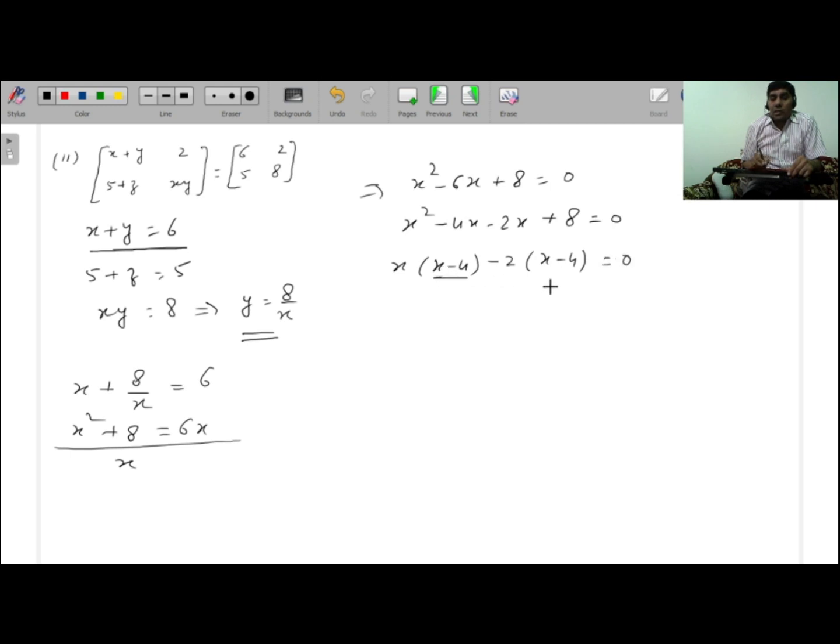Now, x minus 4 is common. In the first term we have x and in the second term we have minus 2, equal to 0.